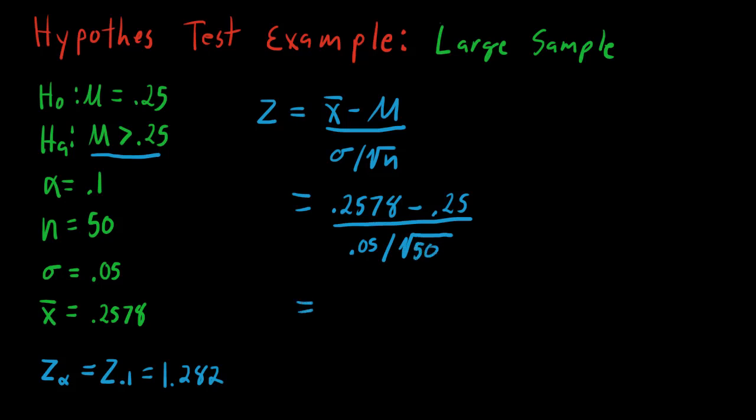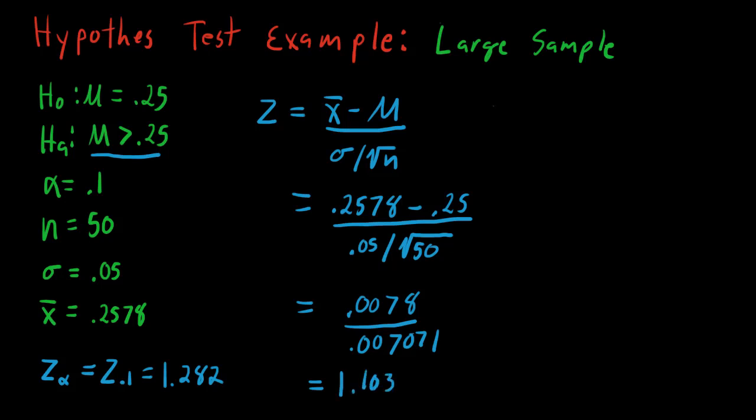So 0.2578 minus 0.25 is just 0.0078, and 0.05 divided by the square root of 50 is equal to 0.007071. If we divide that out, we get the value of 1.103.